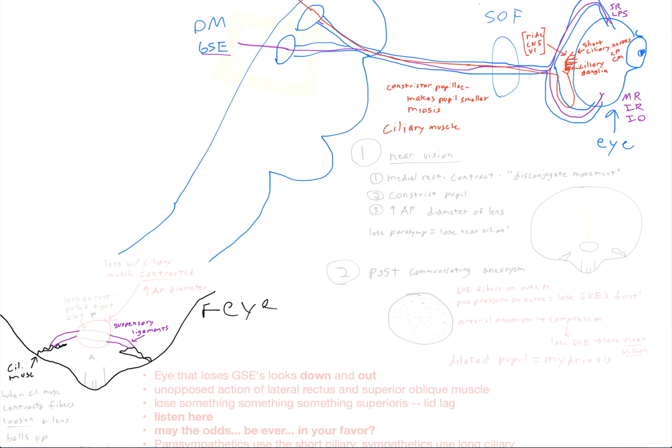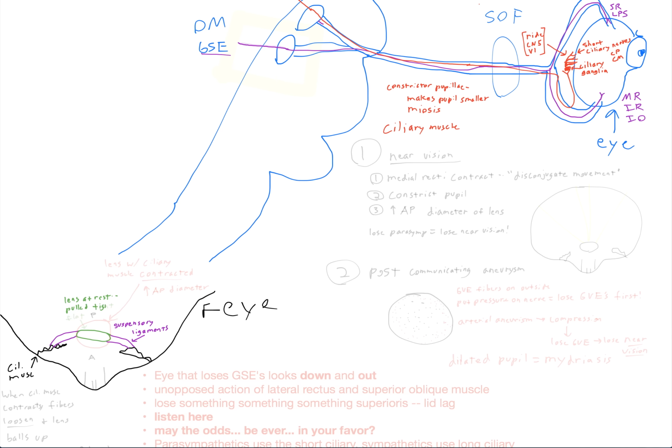So the lens is like a little elastic ball of goo. Think of the little bouncy balls you used to get out of the gum machine when you were little. Right? Those want to stay in a circle. You can push them really, really hard and kind of flatten them out a little bit, but as soon as you let off pressure, they're going to ball back up. Think about the lens as doing the exact same thing. So when these ligaments are tight, it's pulling on the corners of that lens and making it like a pancake. Okay, so it's flattening out the lens.